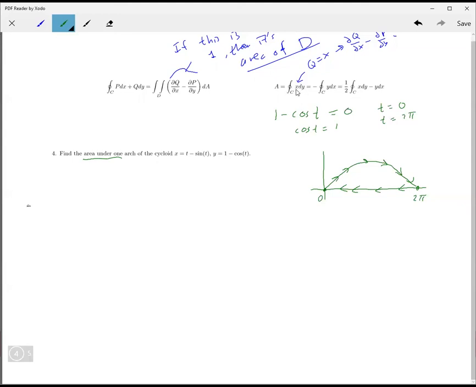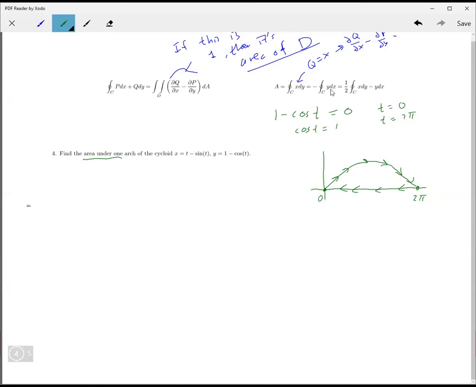So for example, if Q is x, then dQ/dx is 1. And then dP/dy is just 0, okay? Because there's no y part.